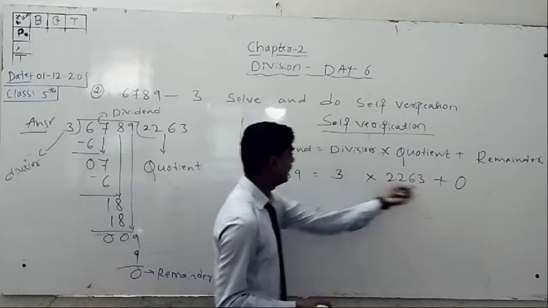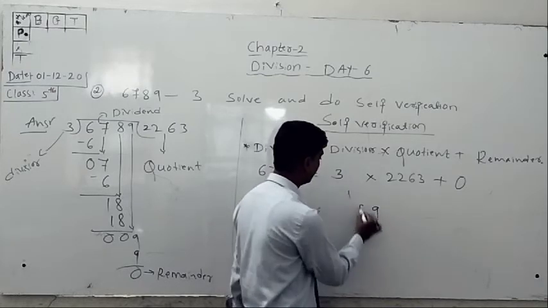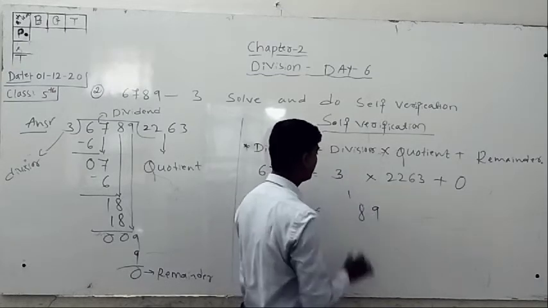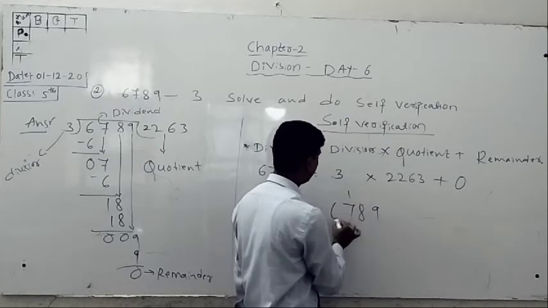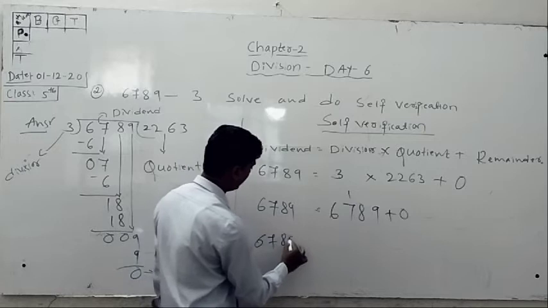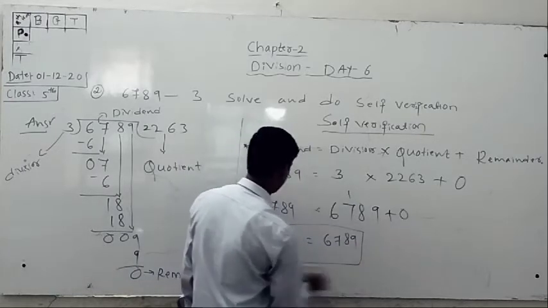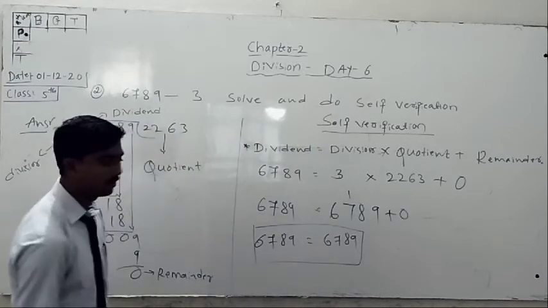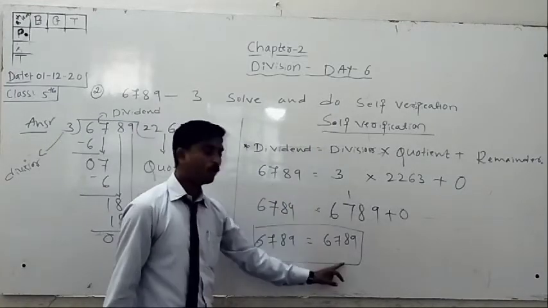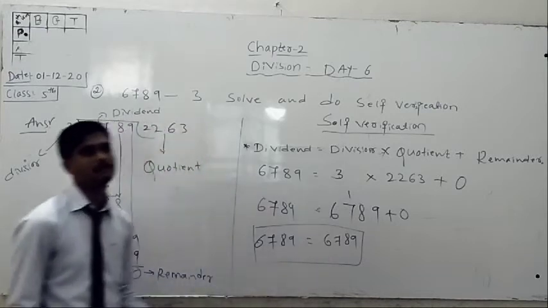Then 3 3s are 9. 3 6s are 18. 3 2s are 6 plus 1 is 7. 3 2s are 6 plus 0, and 6789 equals 6789. Our answer should be correct because dividend is equal to that sum, which means our answer is correct.